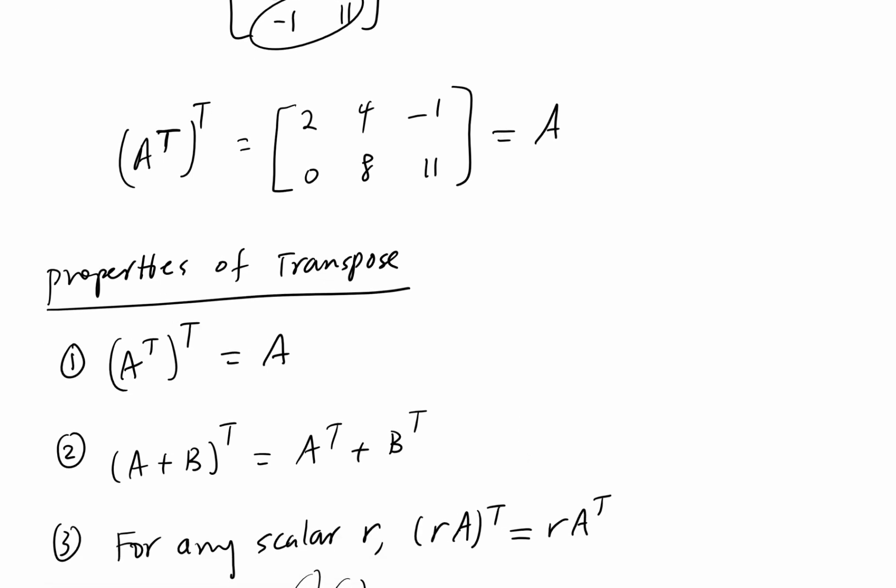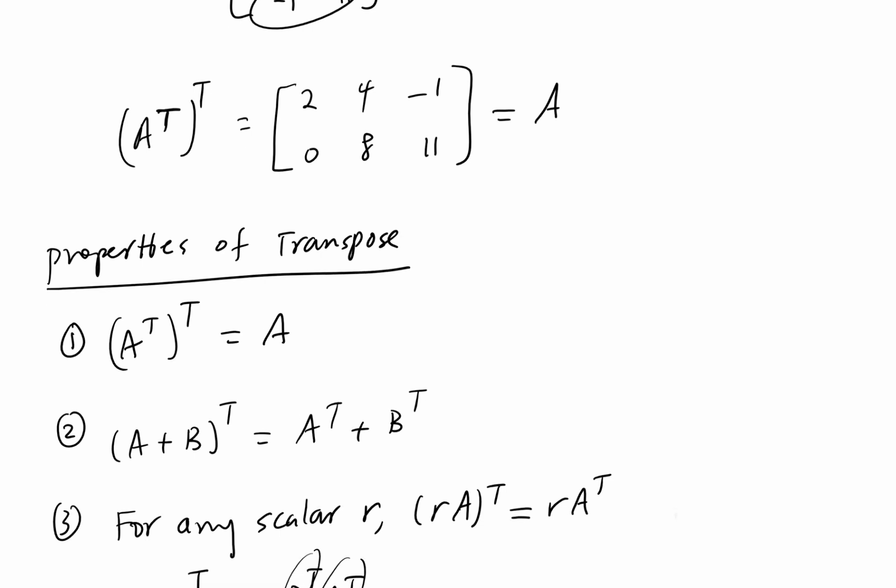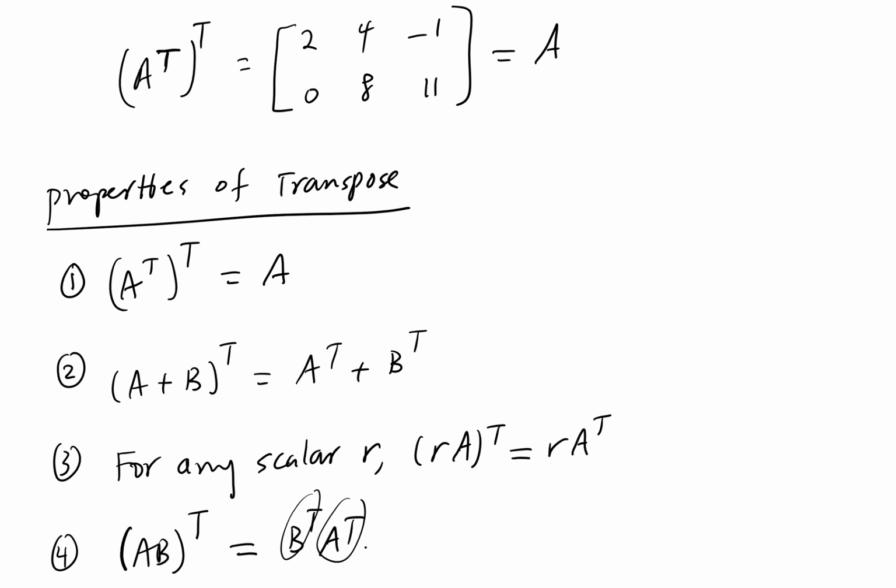For any scalar R, RA transpose is the same as R times A transpose, because the transpose does not affect the scalar. If you do AB transpose, that would be B transpose A transpose, which is not the same as A transpose B transpose.